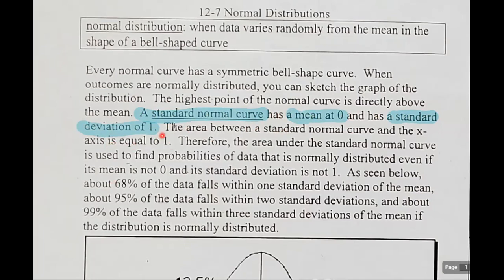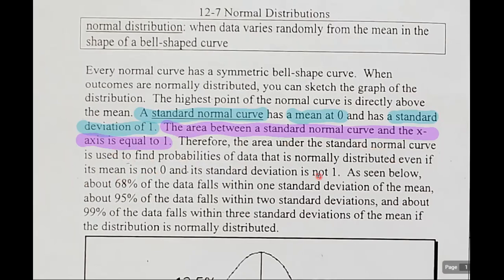Let me just highlight that. So the standard normal curve and the x-axis, the area under that is 1. Therefore, the area under the standard normal curve is used to find probabilities of data that is normally distributed, even if the mean is not 0 and its standard deviation is not 1.